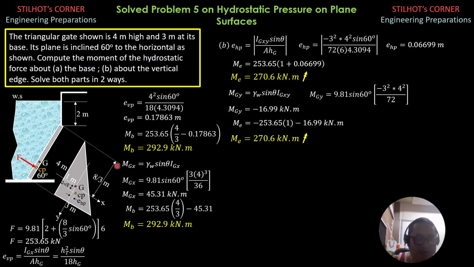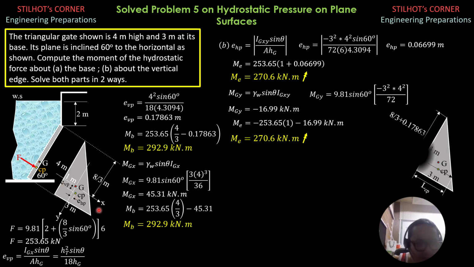My suggestion in computing for the moment about this edge is you find the length of the line through the center of pressure, and the force is acting at half of that length of line. I call that length L sub Cp, and this distance is 8/3 plus E sub Vp.